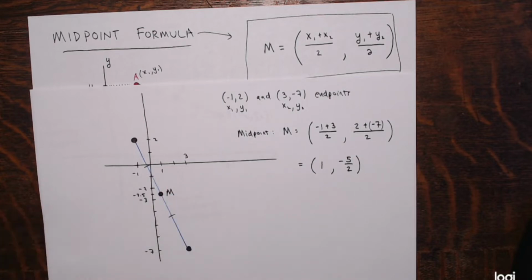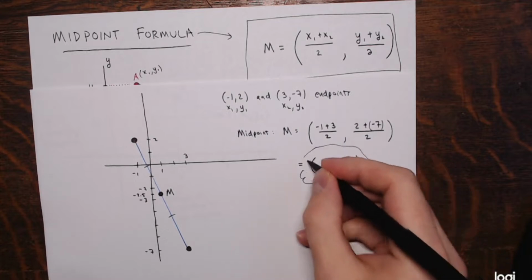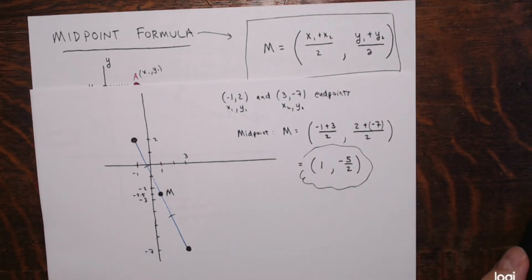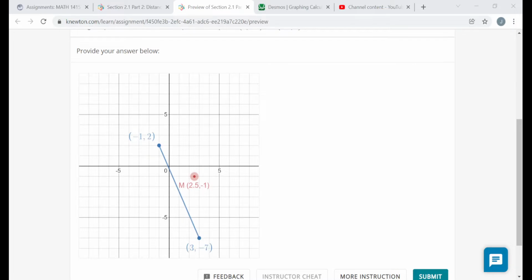So we're going to plot this point. I move the red point on our graph to 1 on the x-axis, and then down 2.5. There it is. And you see that? It's on the segment.